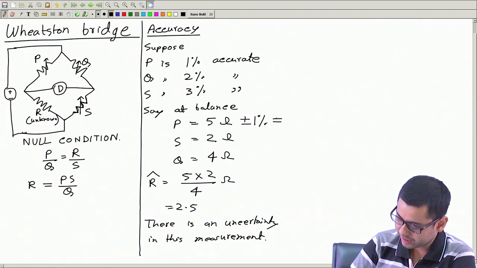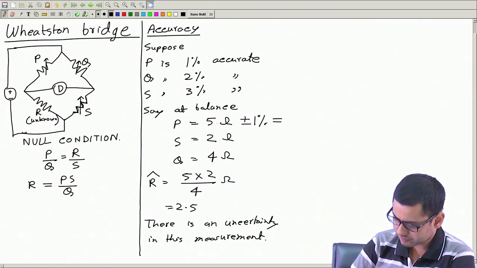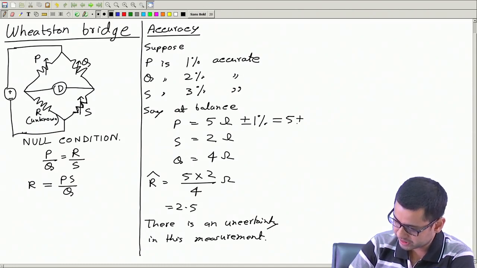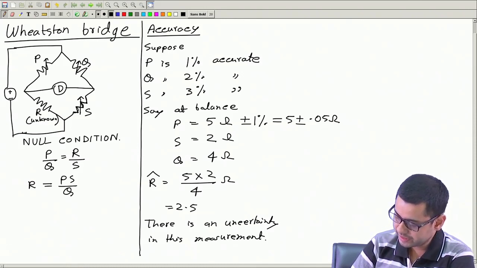This is 5 plus minus, so 1% means 0.05 ohm. So, this is the range of P within which P must lie. So, P must lie between 4.95 ohm and 5.05 ohm.